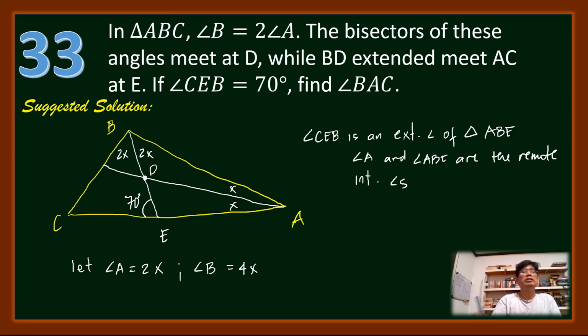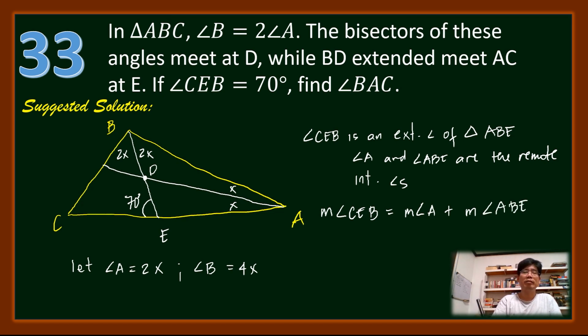Now, by the exterior angle theorem, the measure of the exterior angle, that's the measure of angle CEB, is equal to the sum of the measures of its two remote interior angles: the measure of angle A plus the measure of angle ABE.